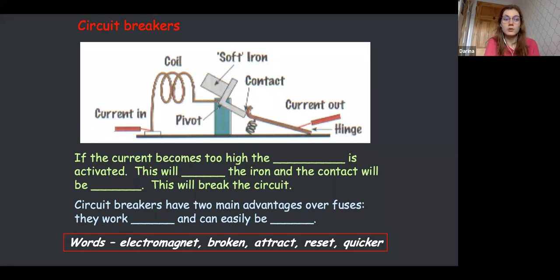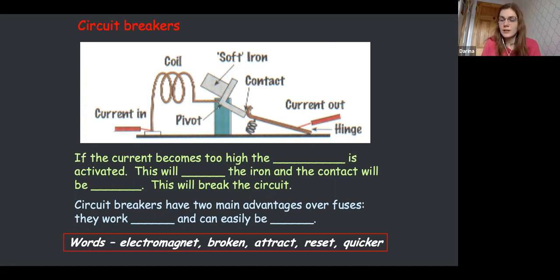So what do you think it will do to the iron? Yes, it will attract it. Well done. And the contact will be, what will happen to the contact? So remember, contact is when two things touch. Right, the contact will be broken. This will break the circuit.